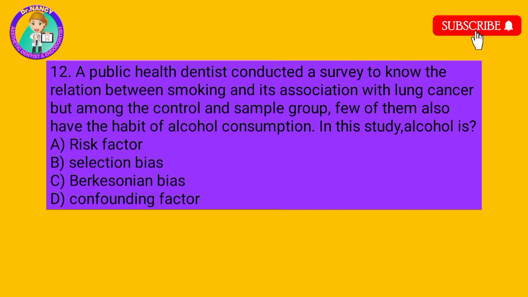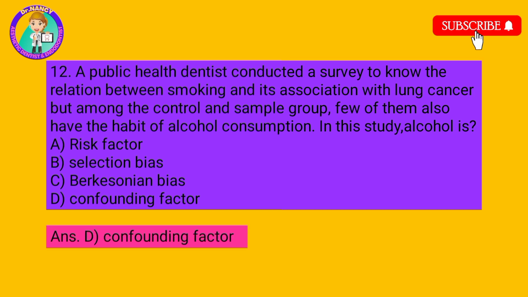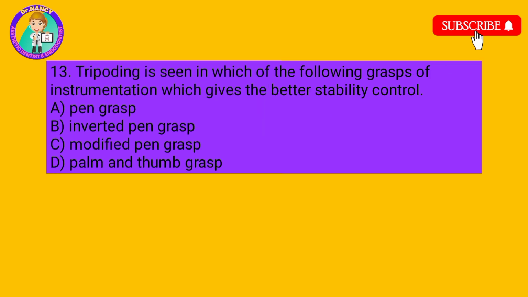A public health dentist conducted a survey to know the relationship between smoking and lung cancer. But among the control and sample group, few of them also have the habit of alcohol consumption. In this study, alcohol is risk factor, selection bias, Berksonian bias, confounding factor. Answer: confounding factor. Tripoding is seen in which of the following grasps of instrumentation which gives a better stability control?